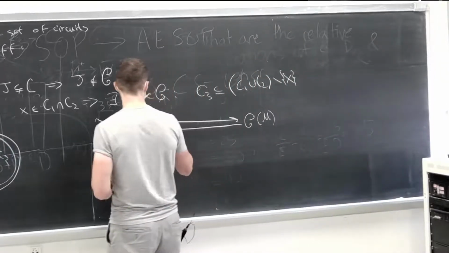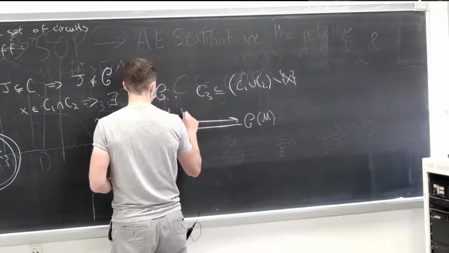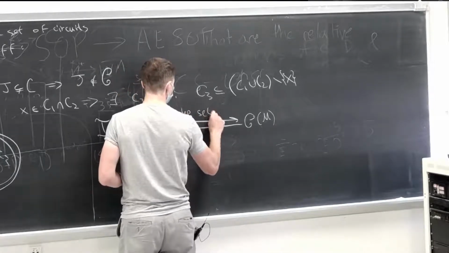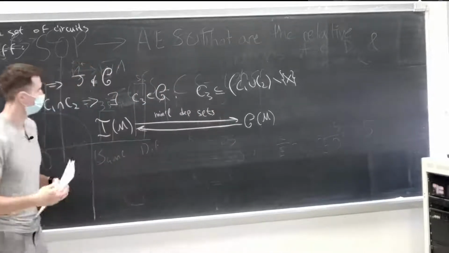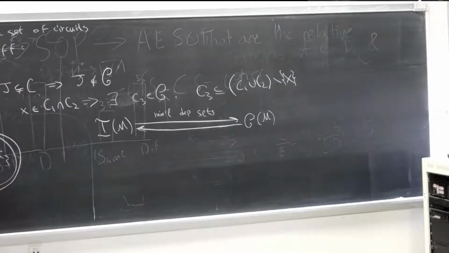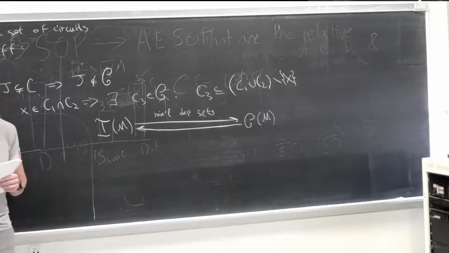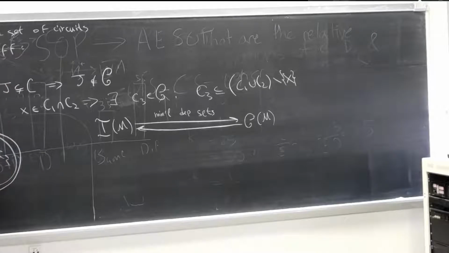Okay, like minimal dependent sets. If you want to go the other way, how do you recover the independent sets? Remove one element and take all subsets. Yeah, that actually works.